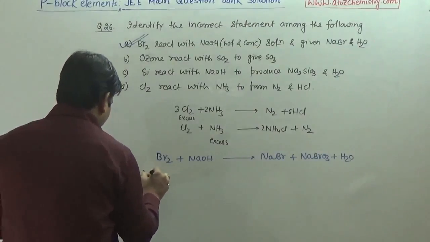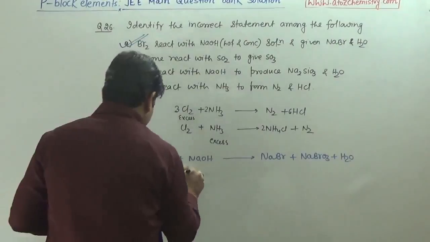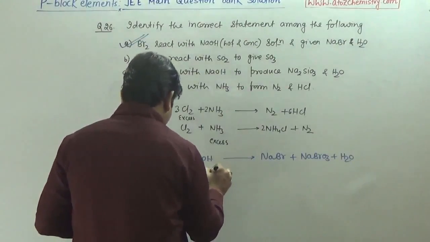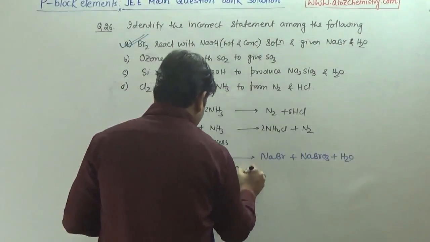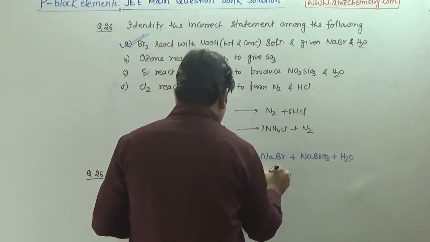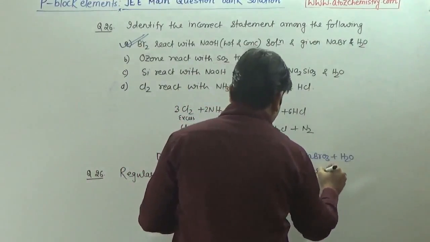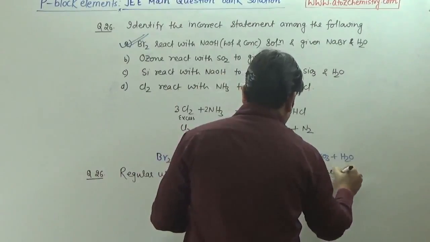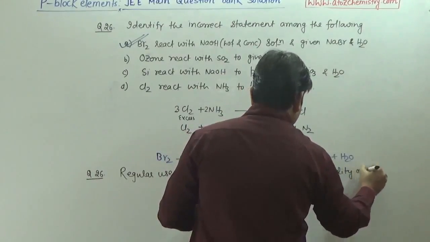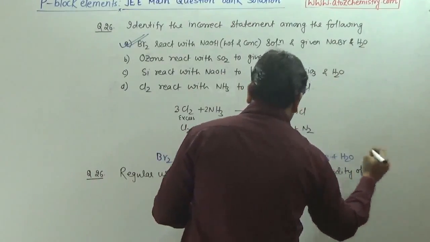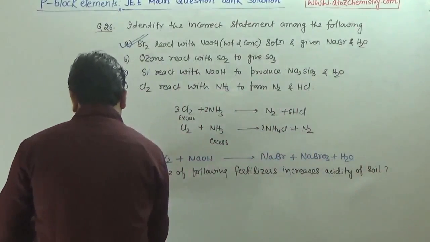Question number 26. Regular use of the following fertilizer increases acidity of soil. Explain. Which?